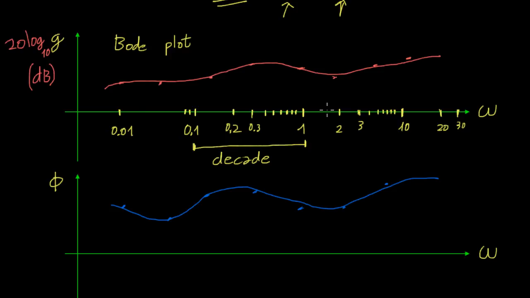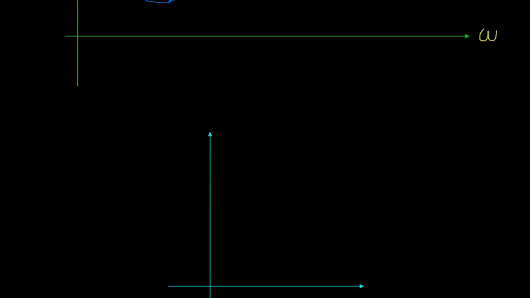Okay, finally, before I leave you, I want to comment that there is a third option to represent graphically the frequency response, an option that combines features of the previous two. It's called the phase versus logarithmic magnitude, or simply the Nichols plot, after Nathaniel B. Nichols.